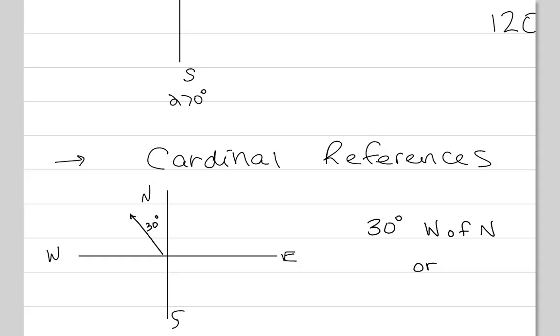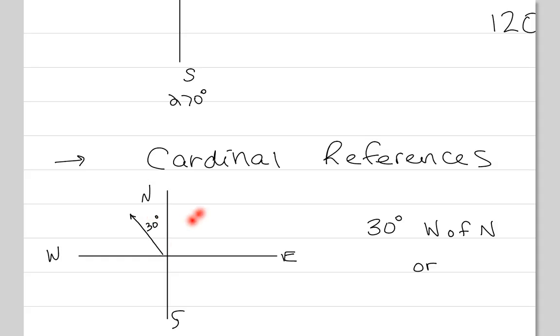Okay, so there's another way of writing it, but let's just make sure this one's clear. So you're saying you're 30 degrees west of north, so it's like you're off this way. West of north. 30 degrees west of north. Any questions on that? West of north. Right through here. West of north.